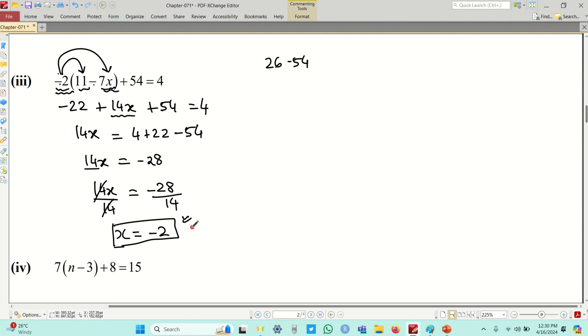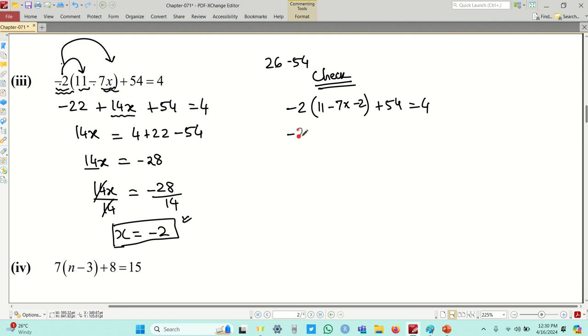This is the answer. If you want to check, you can check. It is not a big issue. So one more question. Let us check whether our answer is right or wrong. This is the last question I am explaining with verification. It is not necessary to verify, but if you want: 11 minus 7 times minus 2, because here 7x is written. So 7 into minus 2 plus 14 is equal to 4.